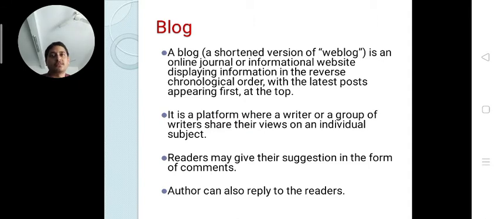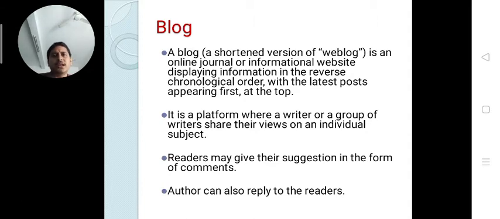Suppose you have written a blog in January 2019, another blog in July 2019, and another in December 2019. The first blog which will appear on your page will be of the month of December. So this is known as reverse chronological order. The last thing comes first, and it is a platform where a writer or a group of writers share their views on an individual subject.